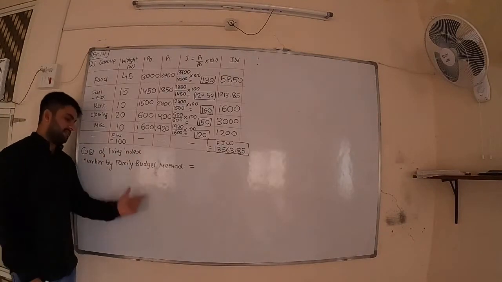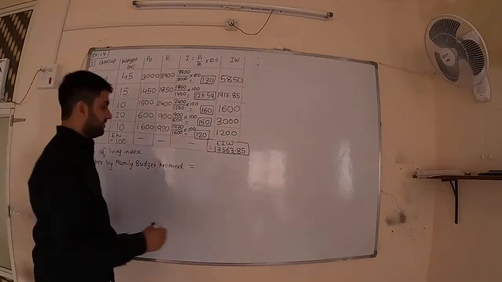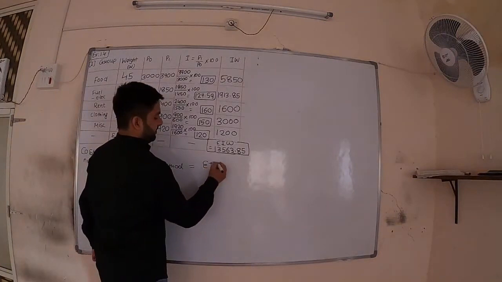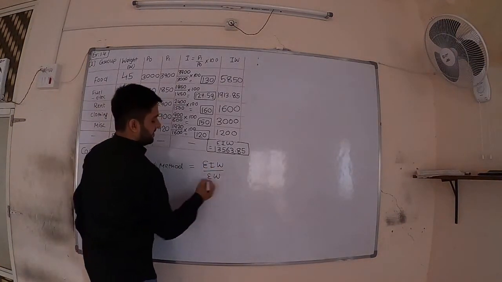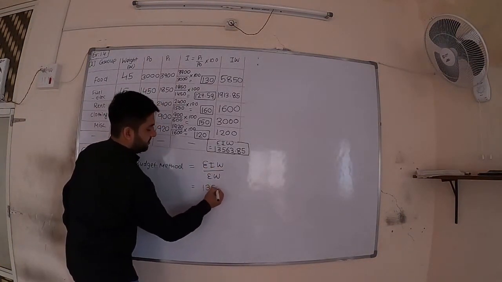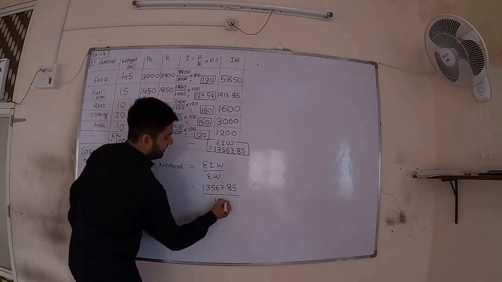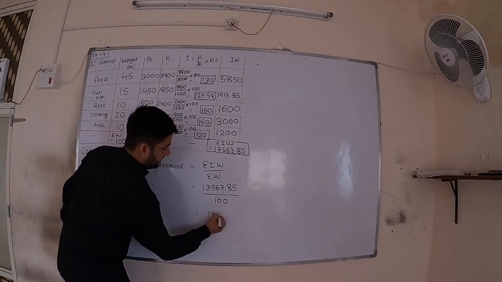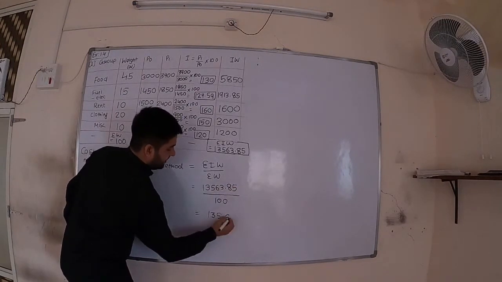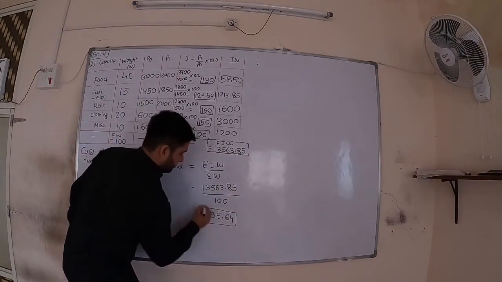Cost of living index number by family budget method is sigma IW divided by sigma W. 13,563.85 upon 100, so 135.64.